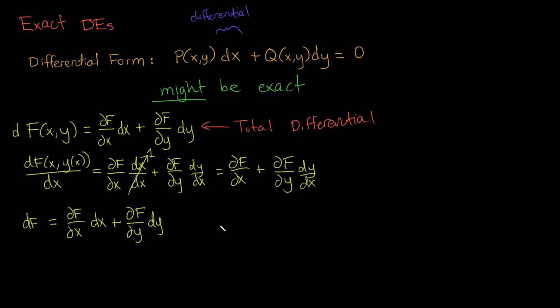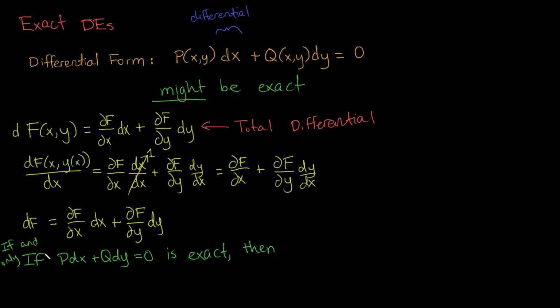That means that there has to exist, so let's write it down here, that if p dx plus q dy equals 0 is exact, and we could also write this as "if and only if," because it does go both ways.